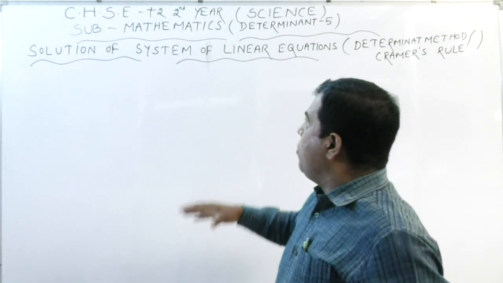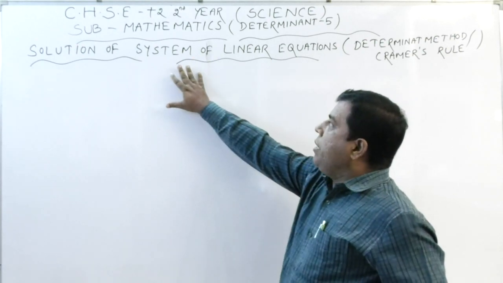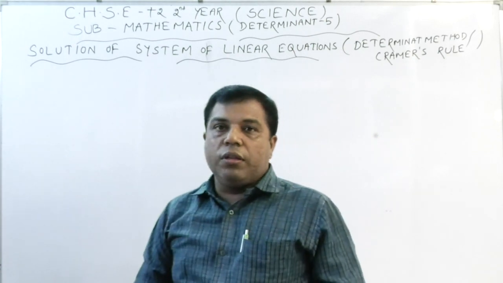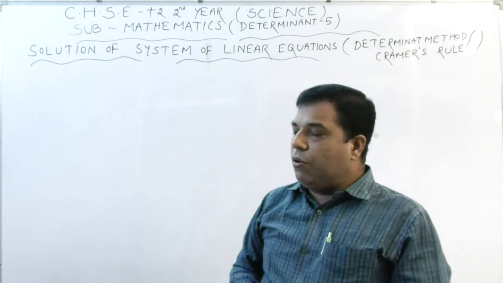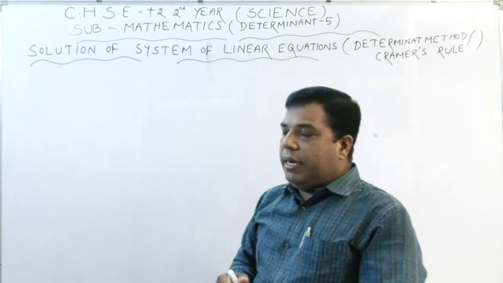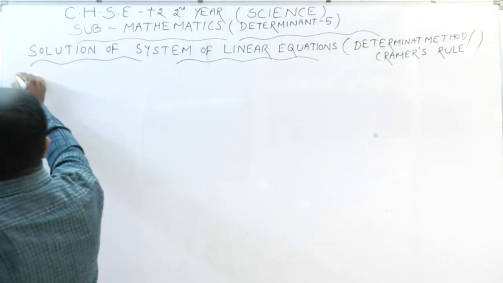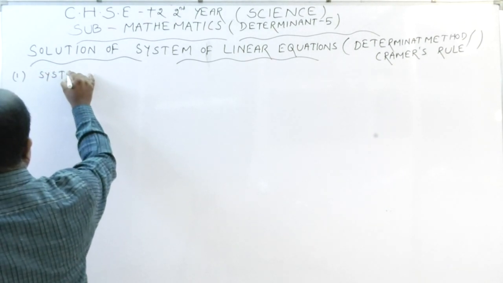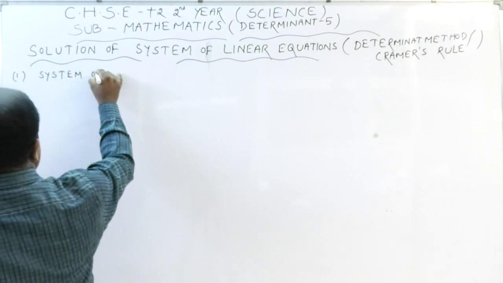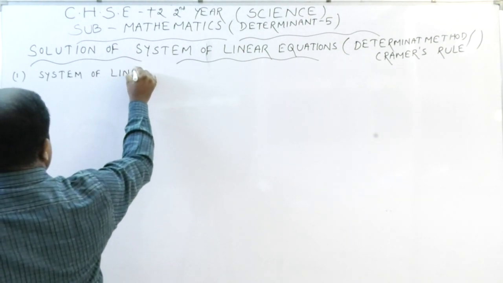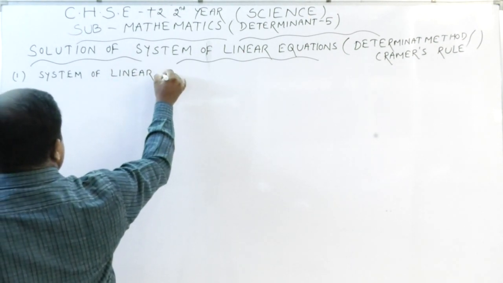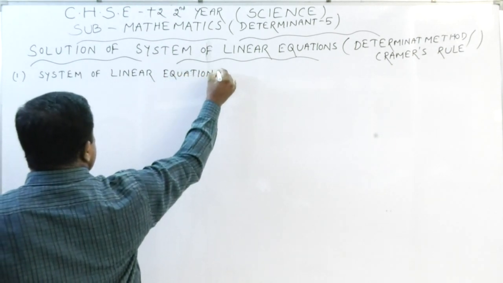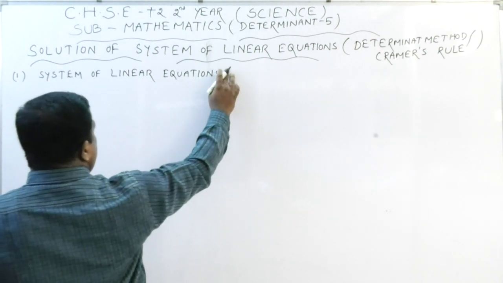So all the things are going to be discussed today. Initially we will read about the solution of system of linear equations, then we will go for consistent and inconsistent. Okay dear students, let us begin. First we will go for system of linear equations of two variables.